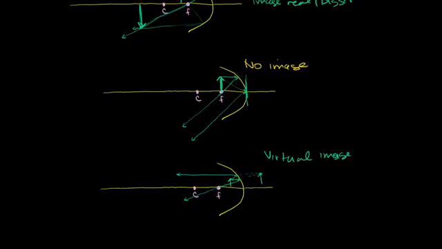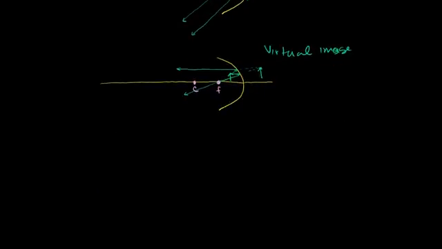And actually, let me draw that a little bit bigger, just because it might not be clear. So if this is the mirror, that is the focal point, and this right here is the principal axis. This is maybe you, maybe whatever object. You can draw a ray that goes parallel. It will reflect in the direction of the focal point, so it'll reflect out like that. It'll be blocked by the object, though.